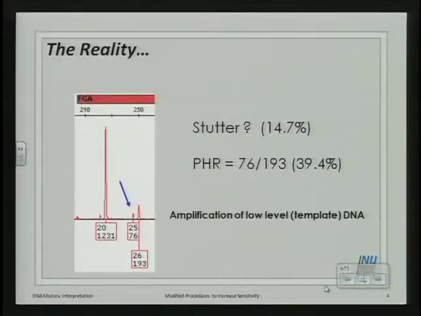The reality is we typically have mixtures like this. So you have a major allele at 20, you have a 26 allele, and then you have the 25 allele. And the peak height ratio of this minor component over here, well, is that stutter? It's at 14.7%.